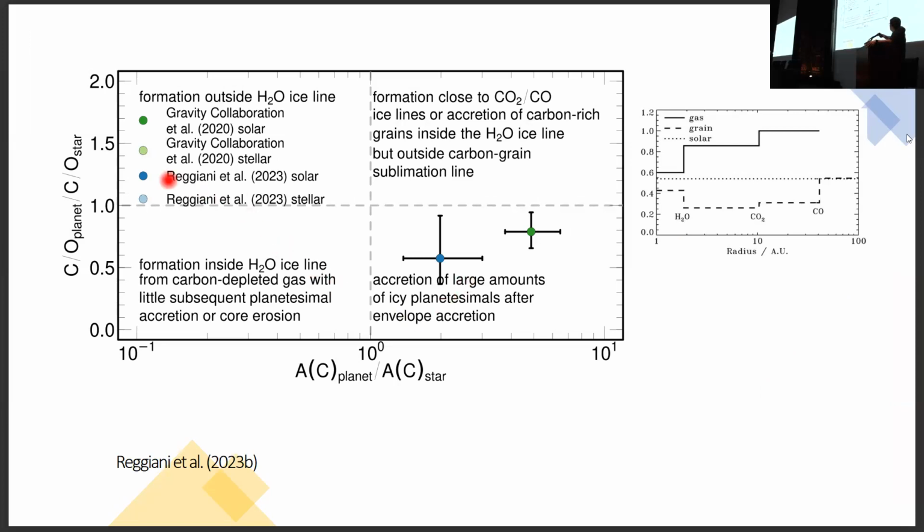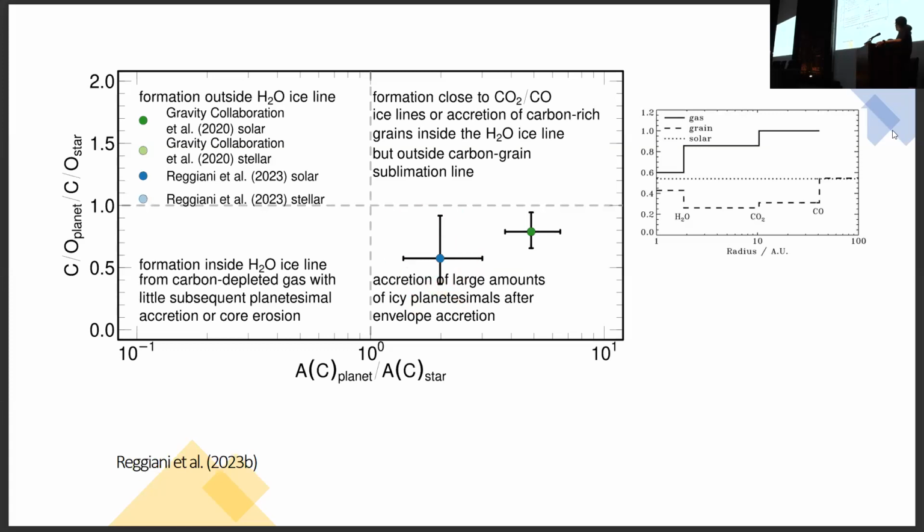So if you use GRAVITY collaboration measurements of the planet and solar abundance for the star, this is what you get. And if you use our improved abundances, carbon to oxygen ratio for the planet with solar composition for the star, this is what you have.